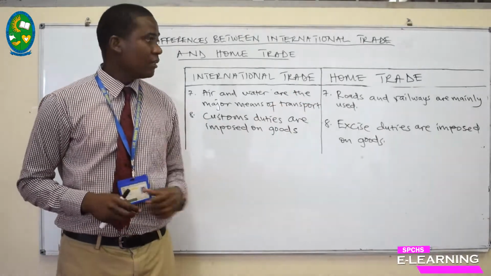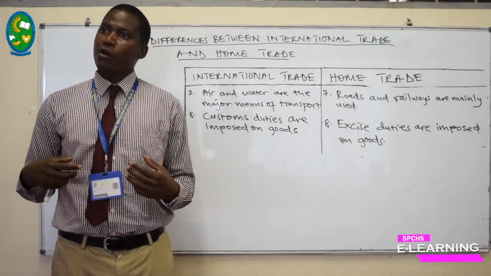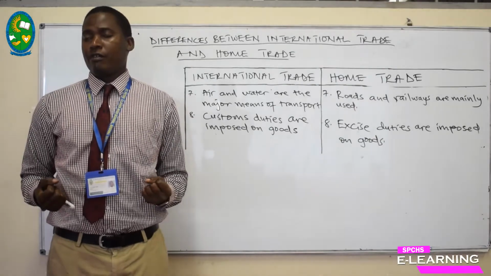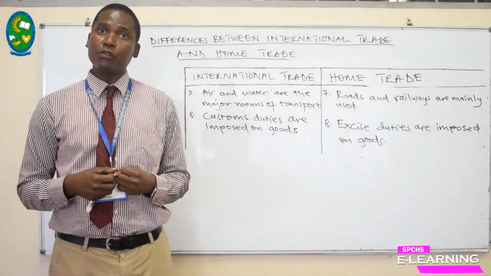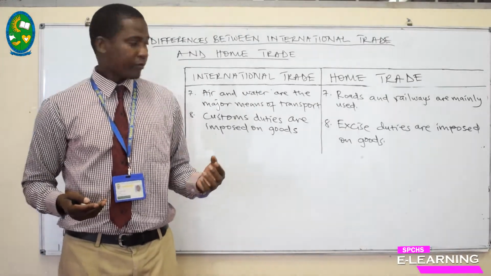Whereas in home trade, roads and railways are mainly used. For example, one in need of buying goods from Dar es Salaam to Dodoma, this person in most cases will have to use road transport or railway transport.